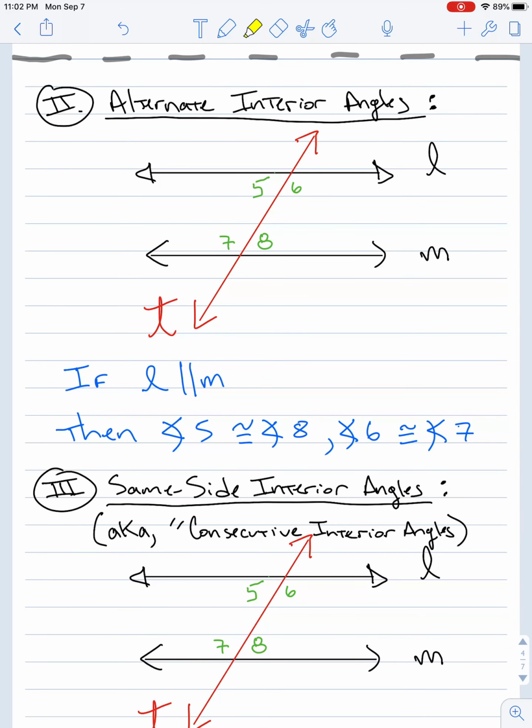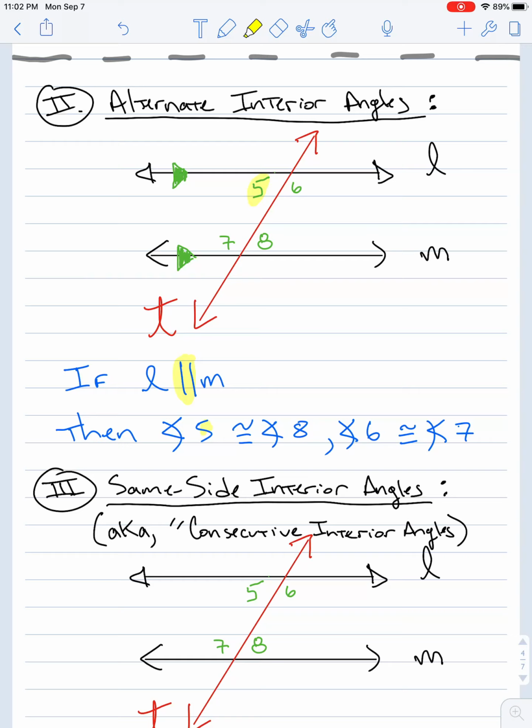Second case, alternate interior angles. Once again, the condition here is that both lines be parallel. So I'm going to put the parallel symbol. There we go. This denotes that both lines L and M are parallel. And you can see that here, I'm stating it. So if lines L and M are parallel, what about these interior angles? Well, I'm going to go ahead and pick 2 of them.